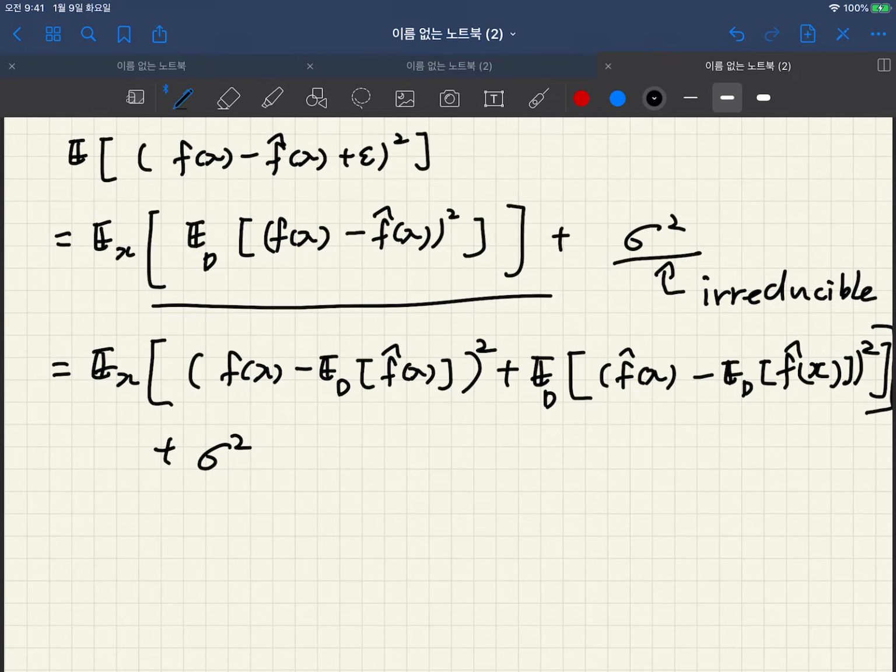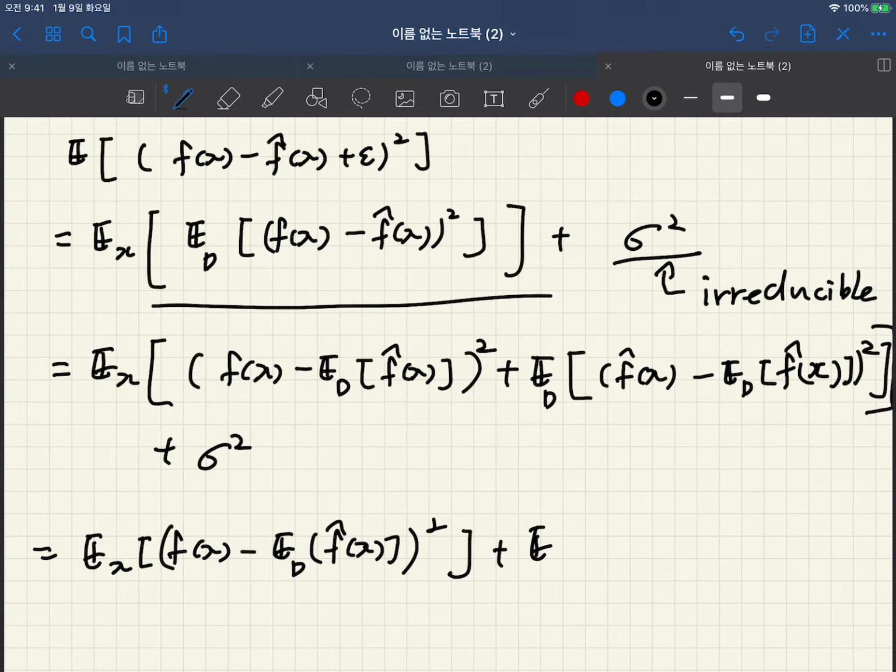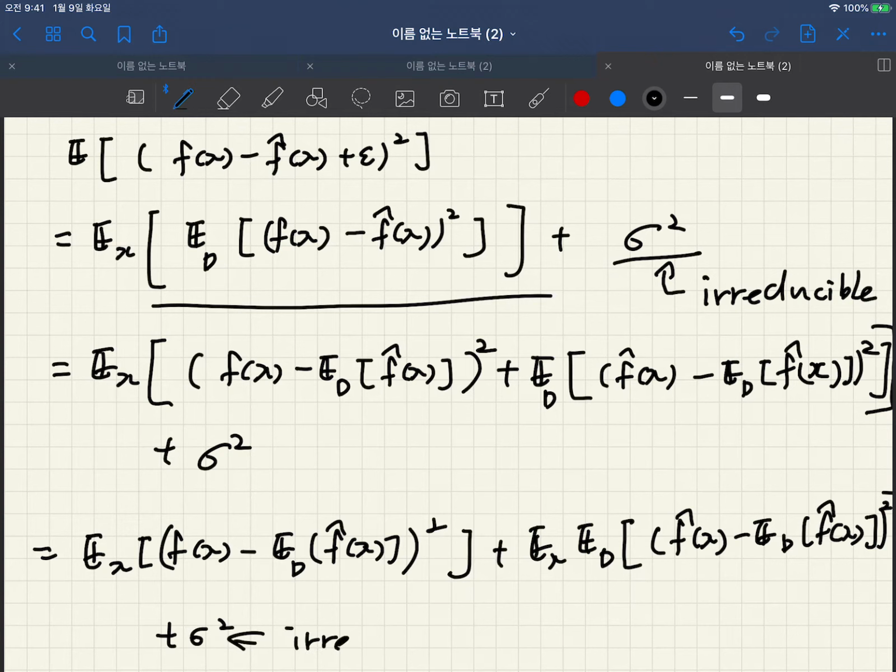So in the end, we have the squared term of f(x) minus the expectation of f hat(x), plus the expectation of (f hat(x) minus the expectation over D of f hat(x)) squared, plus sigma squared. This last is the irreducible error.